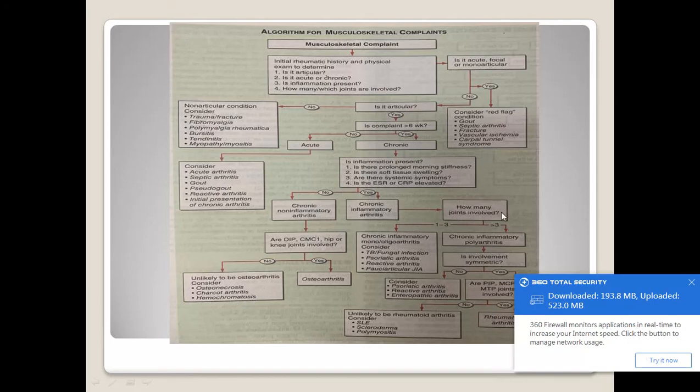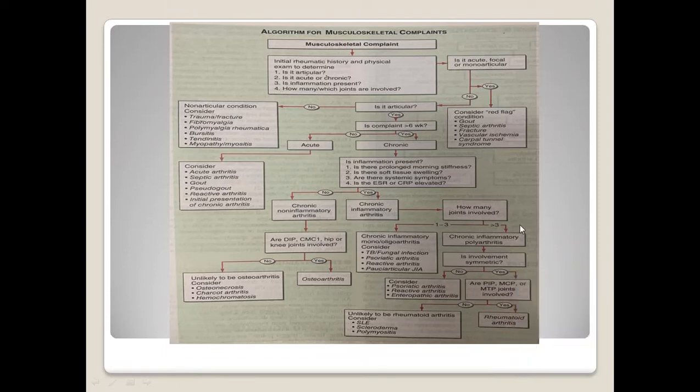In chronic inflammatory arthritis, you look at the number of joints involved, whether it's mono or oligoarthritis, or polyarthritis. If it's mono or oligoarthritis, as we were discussing, it is TB or fungal infection or psoriatic arthritis. If it's a chronic inflammatory polyarthritis, we ask whether the involvement is symmetric or asymmetric.